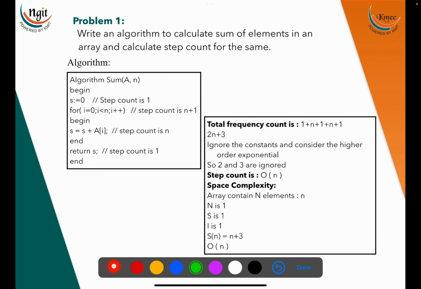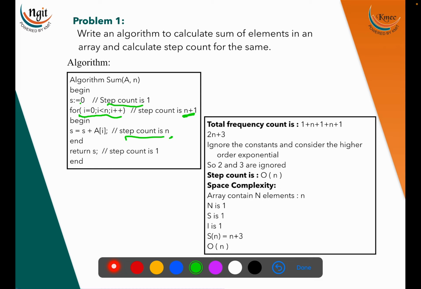We'll take another example to see the space complexity and the step count of the algorithm. So this is the algorithm. In the previous slide, we saw the rules to find the complexity. For variables, the step count is 1. For this loop, the step count is n plus 1.